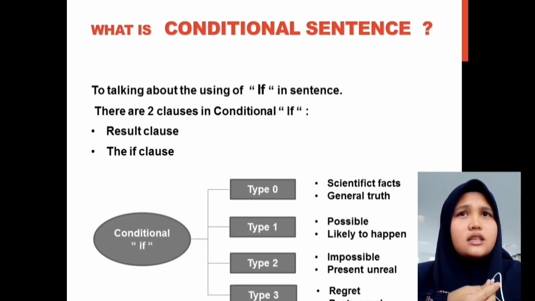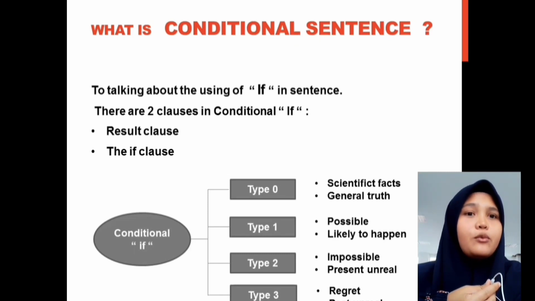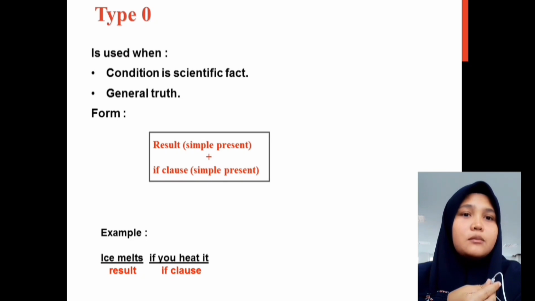Alright, conditional sentence has four types. They are type 0, type 1, type 2, and then type 3. Okay, let's start from type 0. Type 0 is used when the condition is a scientific fact or a general truth.